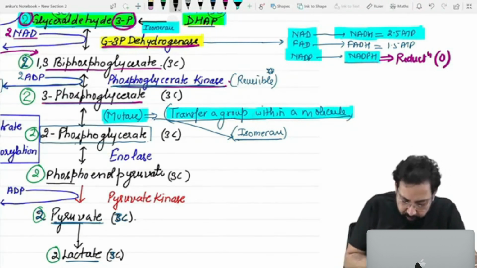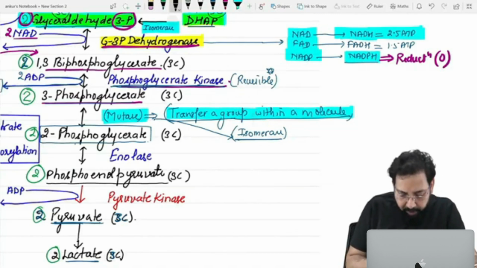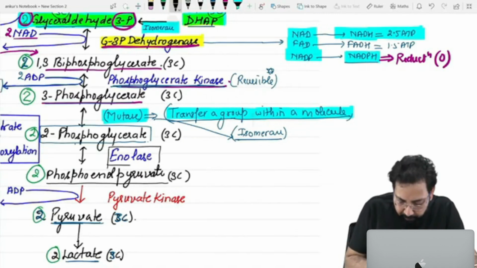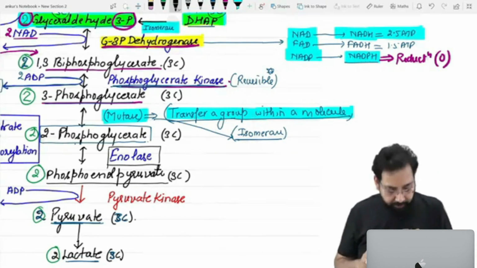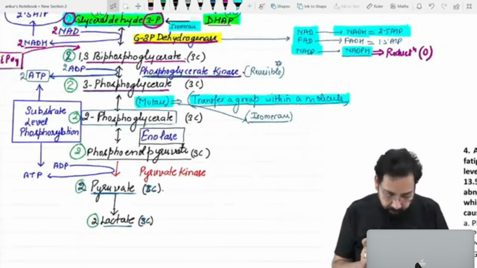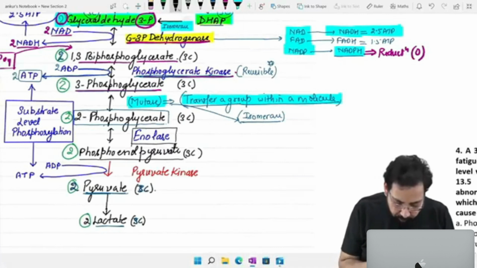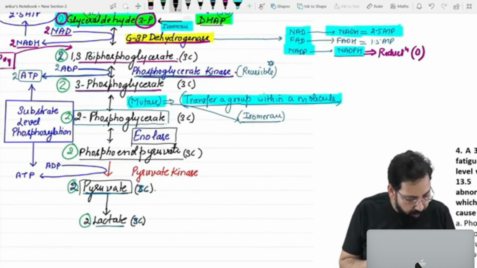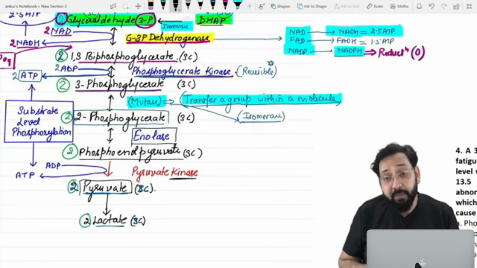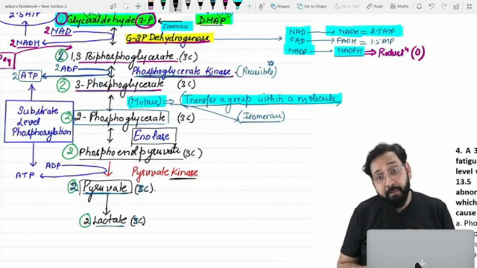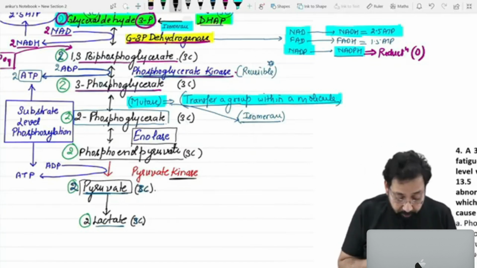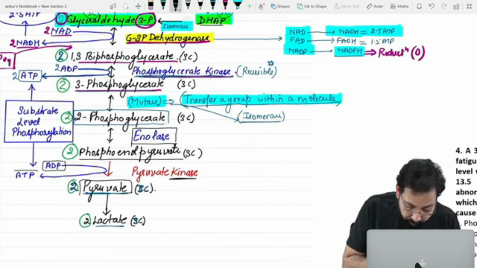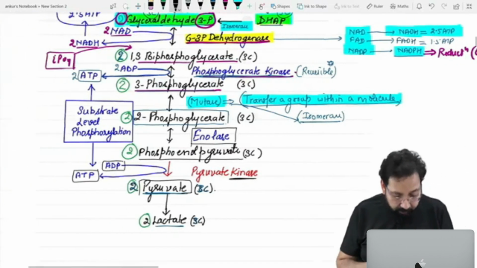2-phosphoglycerate is converted to phosphoenol pyruvate by the enzyme enolase. Now phosphoenol pyruvate is converted to pyruvate by pyruvate kinase. All kinases are transferases and require magnesium as cofactor. Either ATP is used or produced; in this, ATP is produced, and if a kinase produces ATP, that is called substrate level phosphorylation.